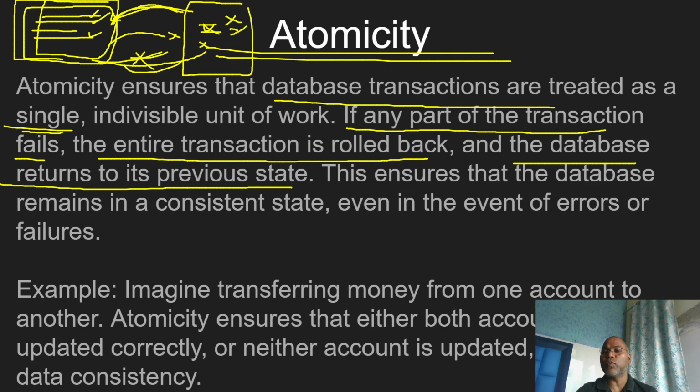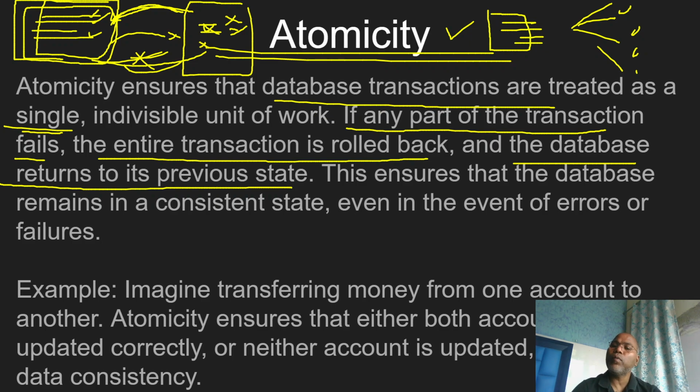So this is the basic rule. If I fire one transaction that has a couple of SQL statements updating and modifying a couple of different tables, and everything succeeds, it's okay, the transaction is a success, no problem. For the success scenario there is no problem. The only problem is when one particular statement fails: then all the successful statements also have to be rolled back.